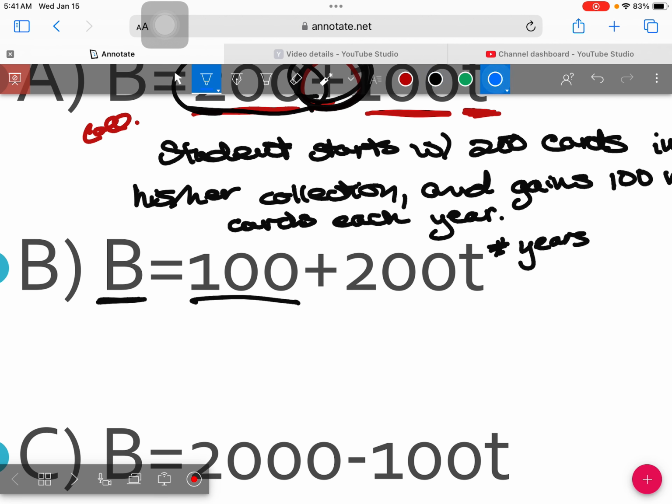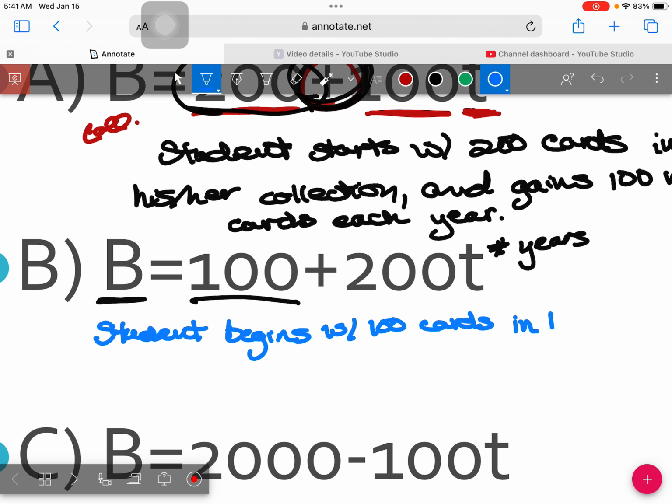So this would be that a student begins with 100 cards, and we're talking baseball cards, I think it was baseball cards, 100 cards in his or her collection.